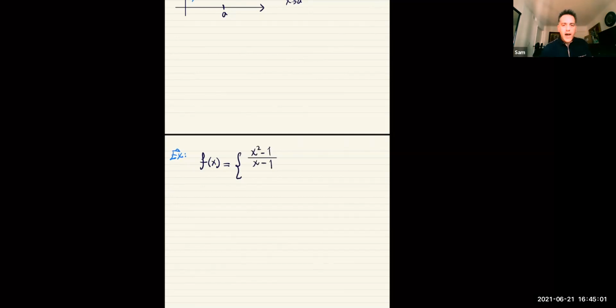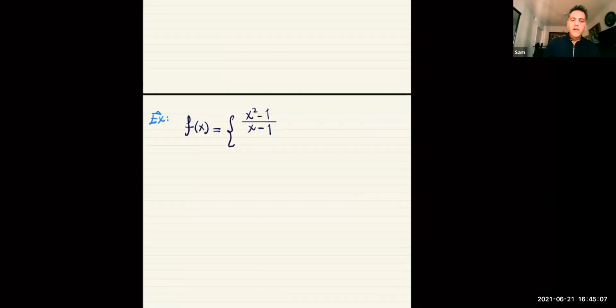I am defining a piecewise function, okay? So we have that top function, and this piece is defined when x is not equal to 1. Obviously here x can't be 1. And let's make the value of y 3 when x is equal to 1. Again, this is a piecewise function.